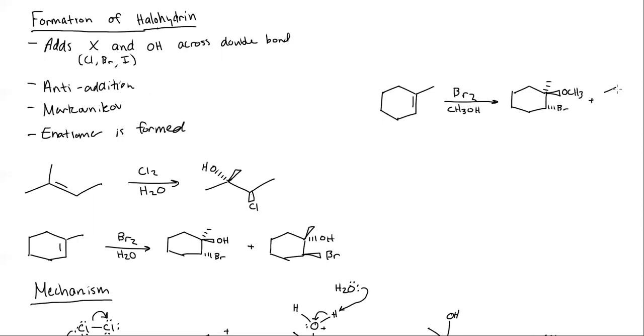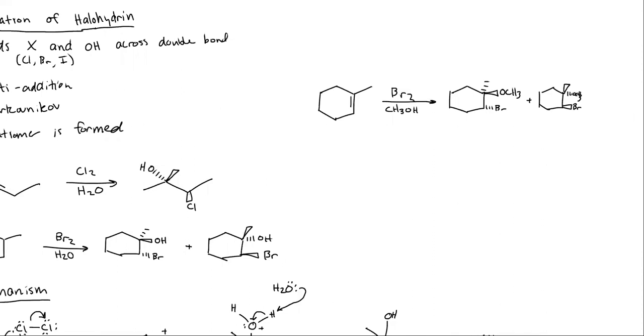And then I also get the enantiomer as well, right? So I get this and the enantiomer, all right? I'll move over here slightly so I can write this a little bit better. Okay, so we get that and the enantiomer. All right, so the only difference is that we add OCH3 because that's the alcohol we use.